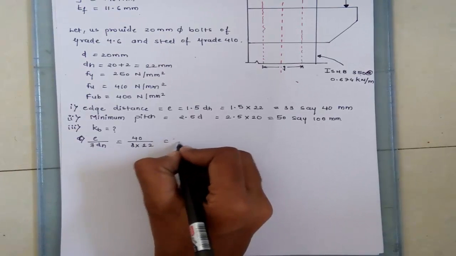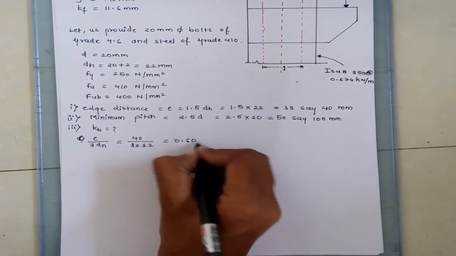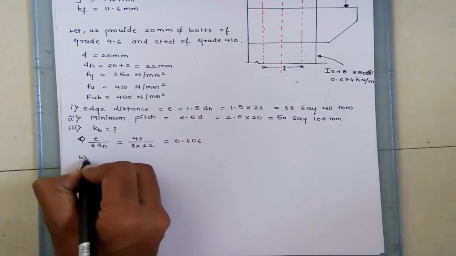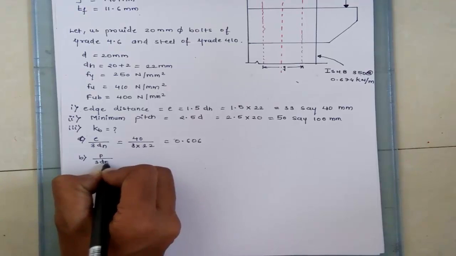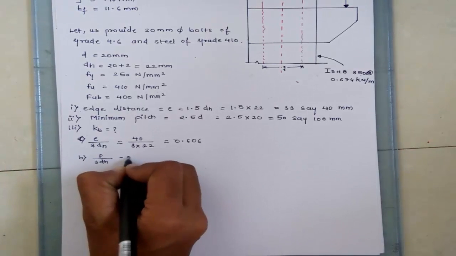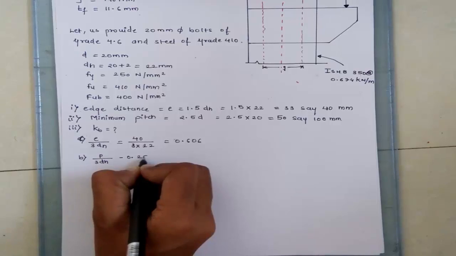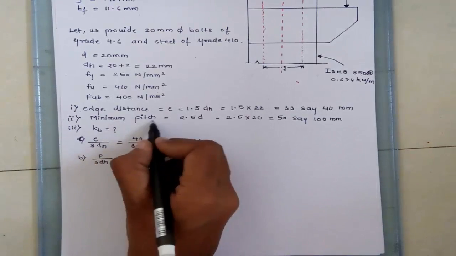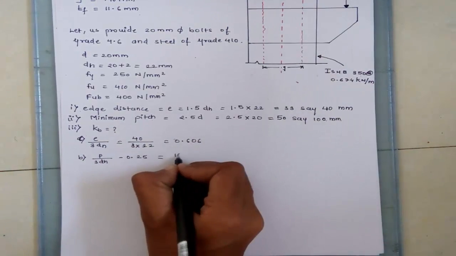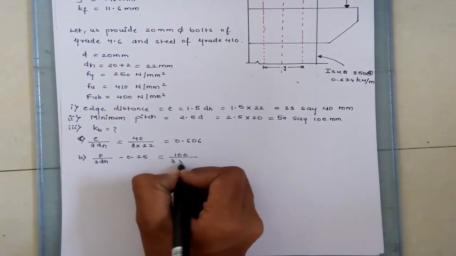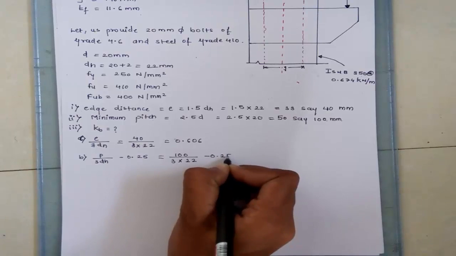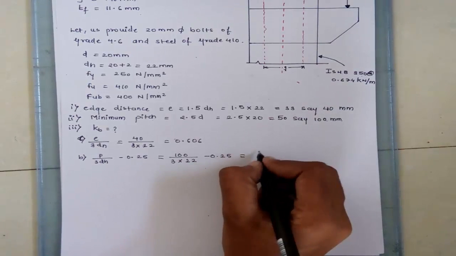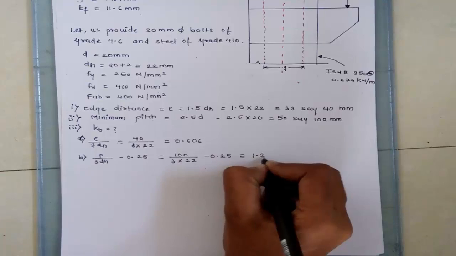After calculation we get 0.606. After that, p upon 3dh minus 0.25. The minimum pitch is 100. So 100 upon 3 into 22 minus 0.25. After calculation we get 1.205.